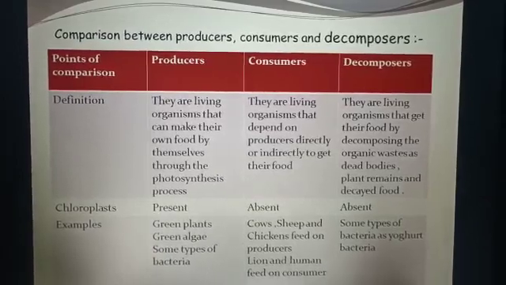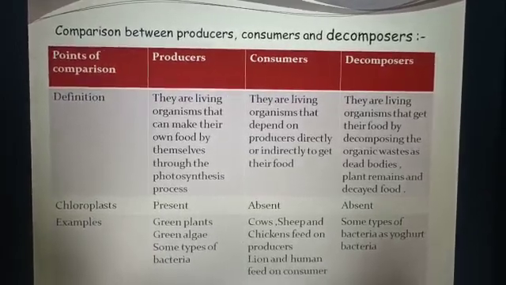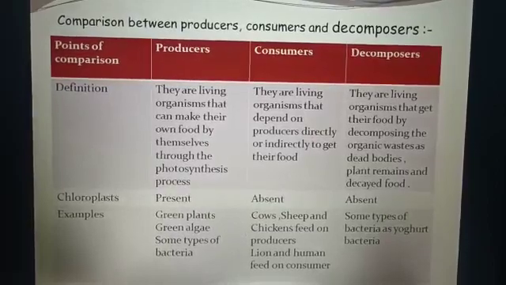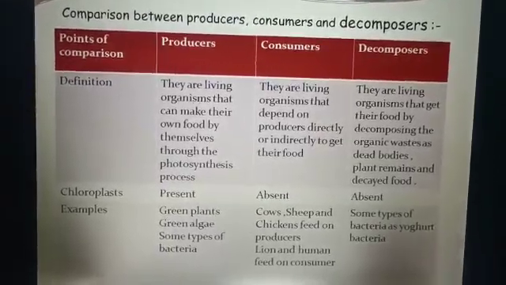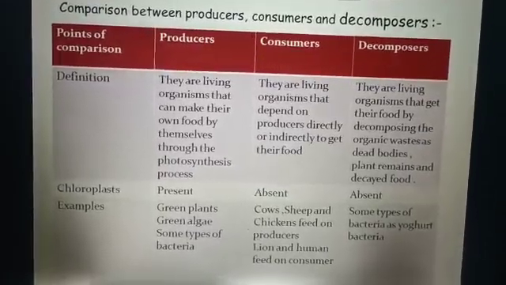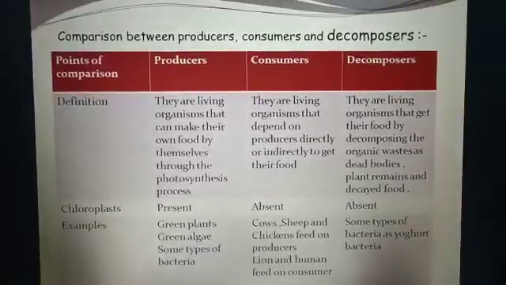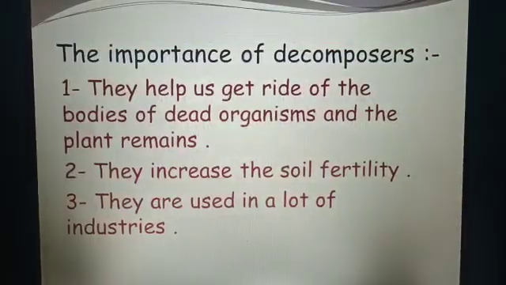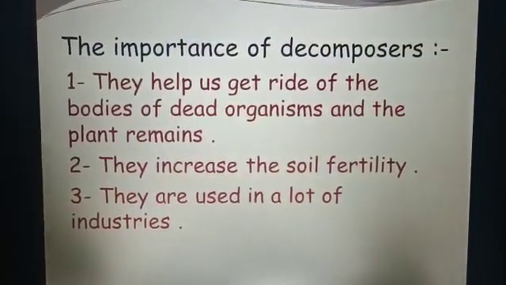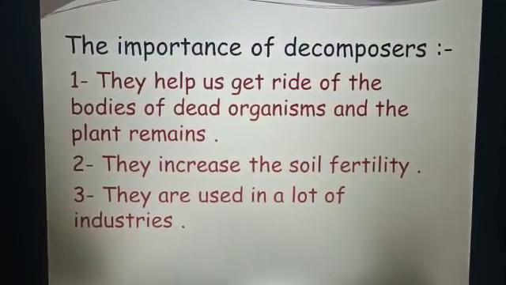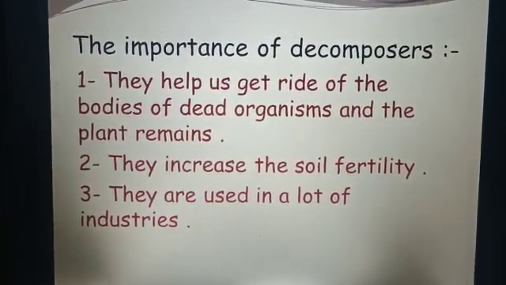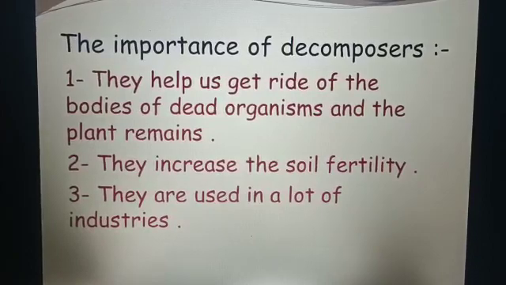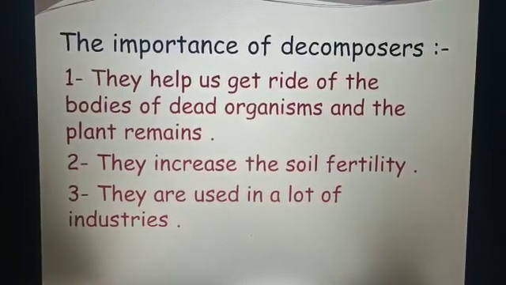Like some types of bacteria such as yogurt bacteria, and some types of fungi such as bread mold fungus and yeast fungus. The importance of decomposers: they help us get rid of the bodies of dead organisms and plant remains. They increase the soil fertility. They are used in a lot of industries.